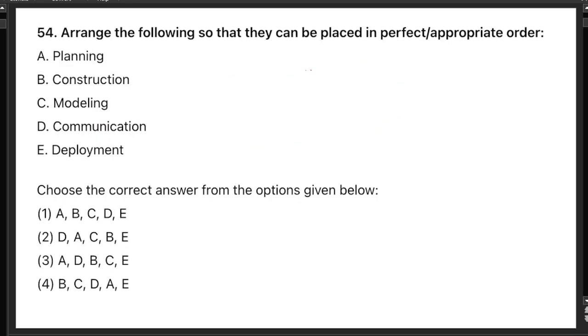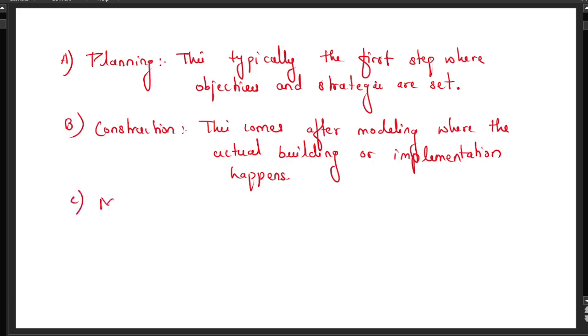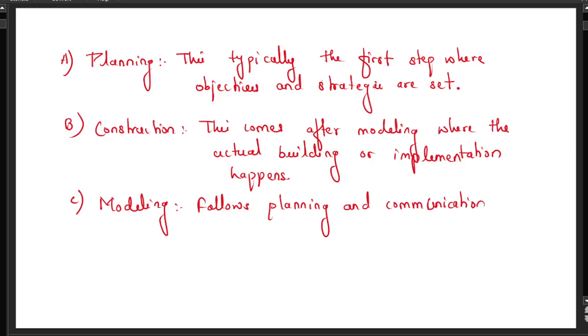All right. Third is C, which is modeling. Modeling follows planning and communication, to visualize the project.